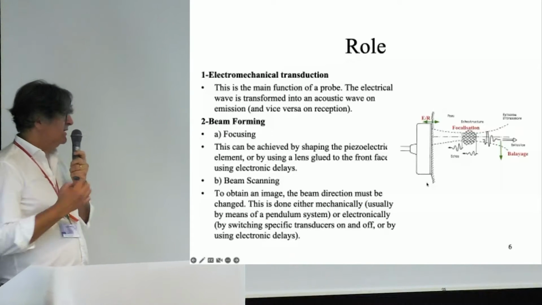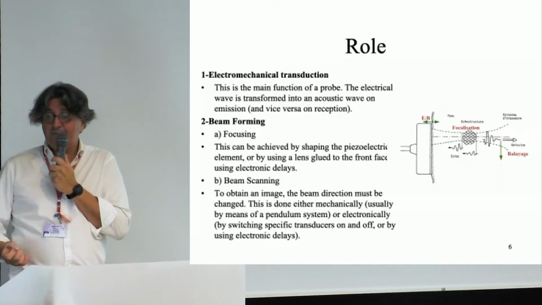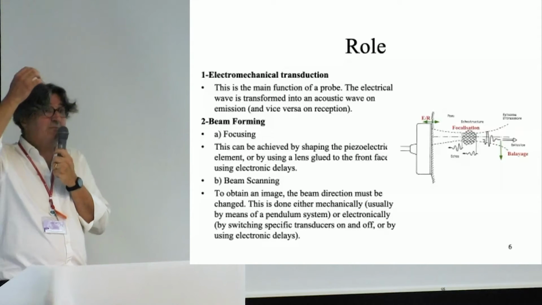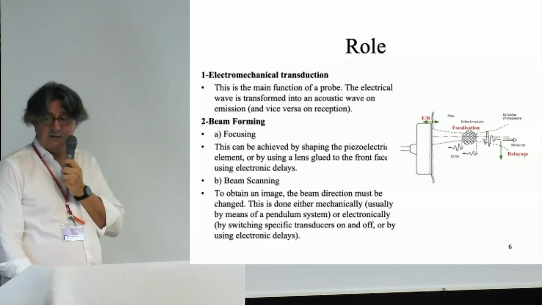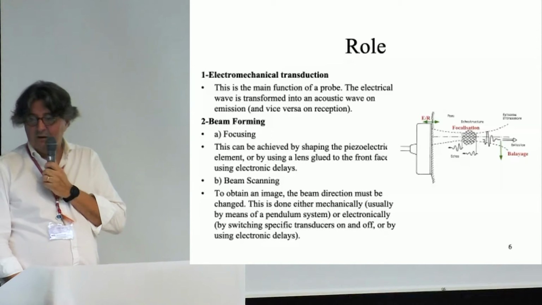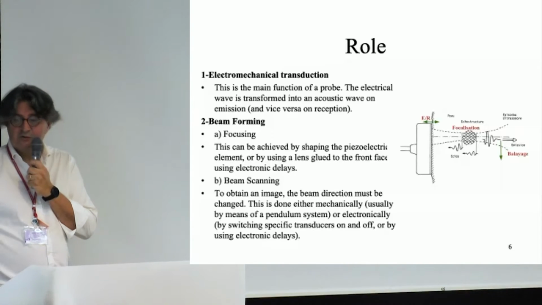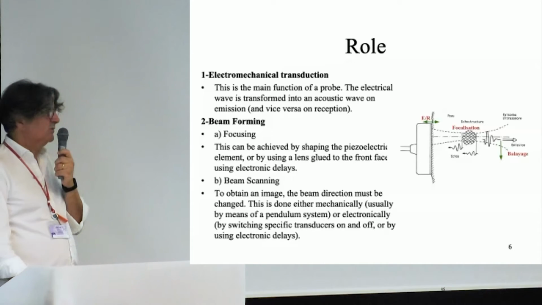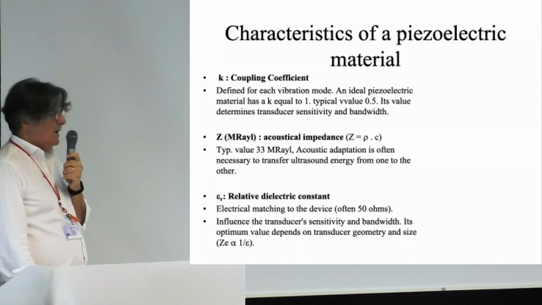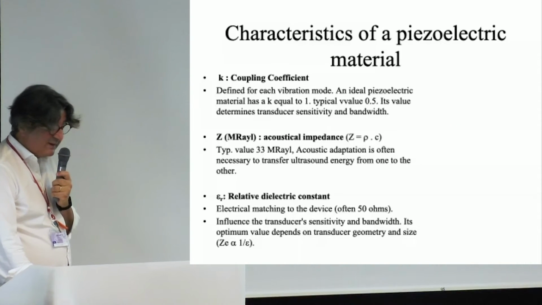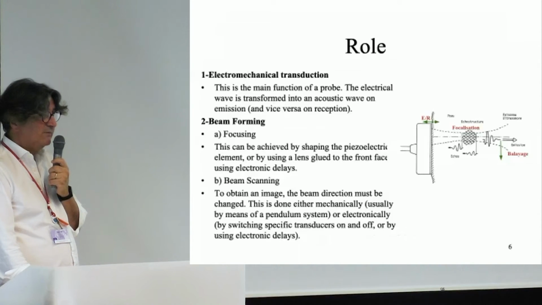So beam scanning is the second point. To obtain an image, the beam direction must be changed. It can be done mechanically if you have one transducer, or you can use electronics if you are using an array transducer, by switching specific elements on or off, or by using electronic delays. So this is the role of a transducer when we want to do imaging.